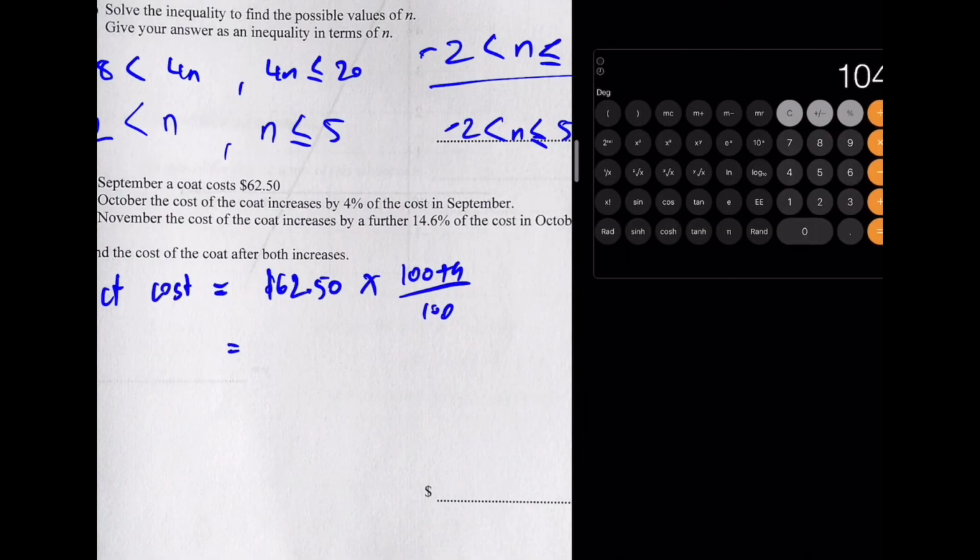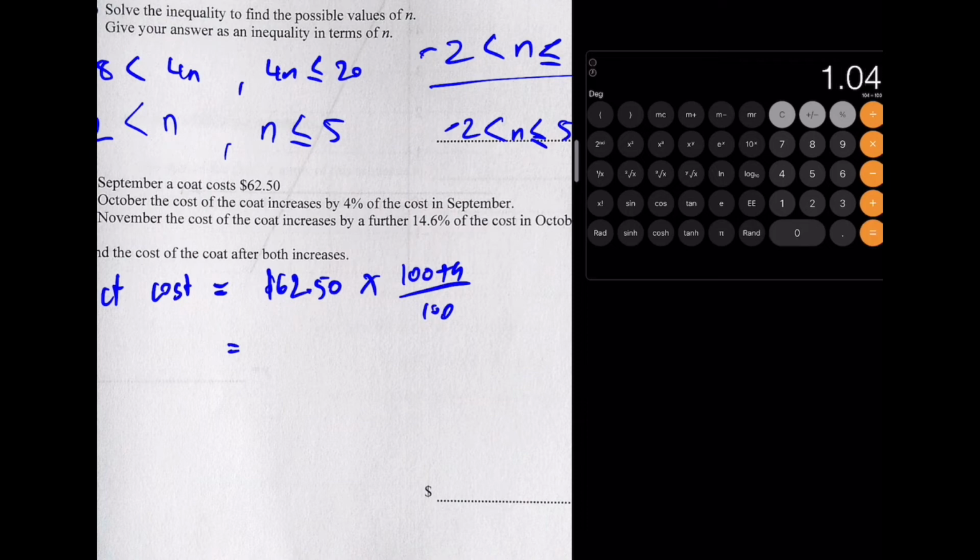So that's 104 divided by 100, times 62.5 to get $65.